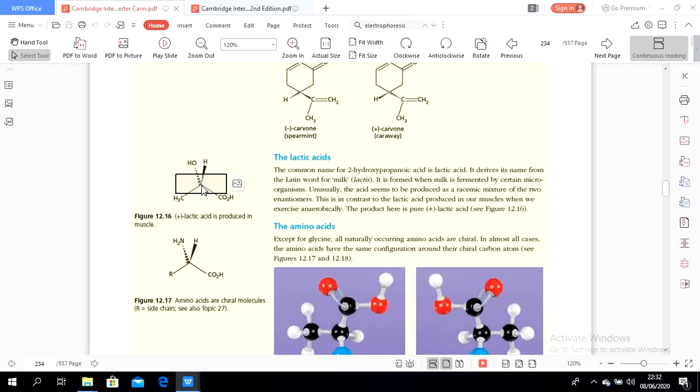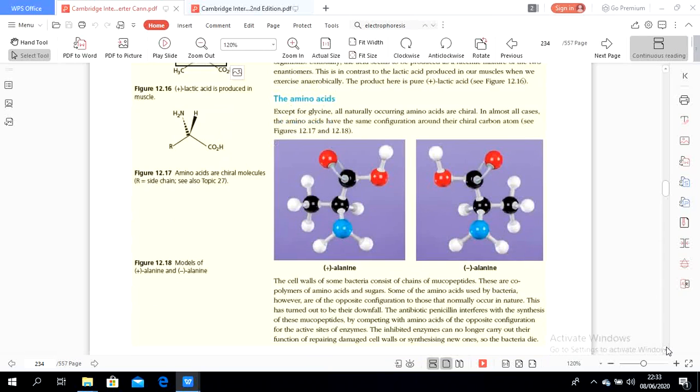So this is the central carbon atom, called the chiral center. The chiral center has four different groups: this is 1, this is 2, this is 3, and this is 4. So four different atoms or different groups of atoms are attached to the carbon.